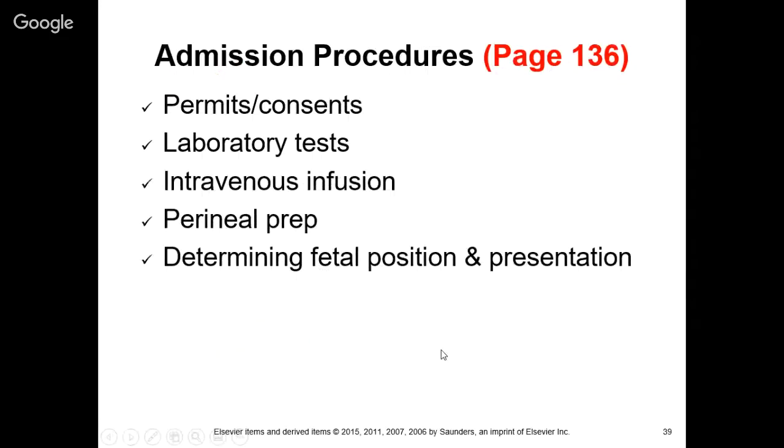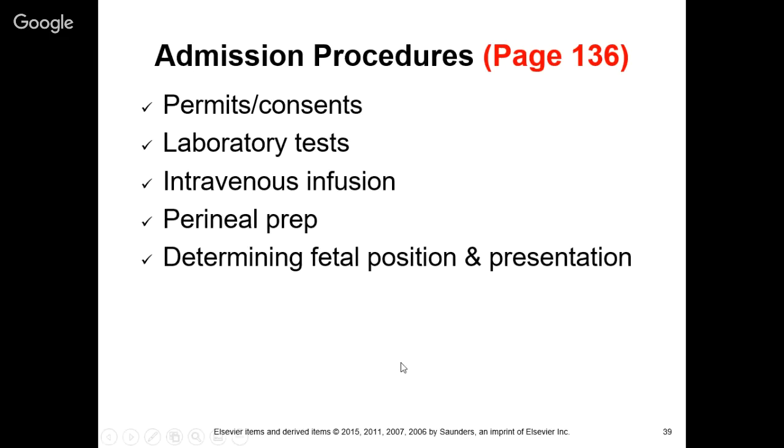Admission procedures. You need permission, consents, forms signed, laboratory tests. They're going to have an IV started. They may do a perineal prep. That's less common now. They used to shave and wash and do an enema. They don't do that anymore.